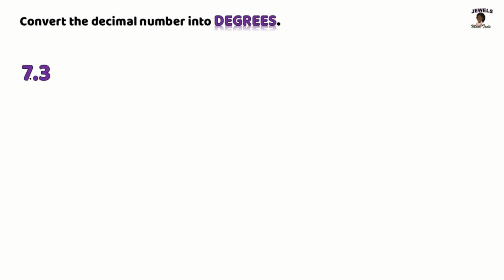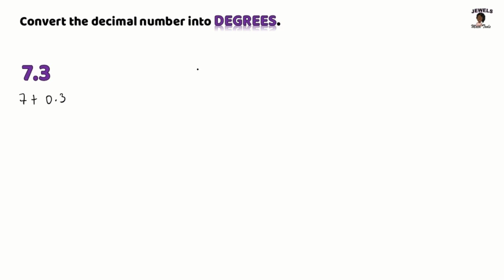Remember that 7 and 3/10 simply means that 7 is being added to 0.3. This is an alternative method, but either method you decide to use, you will still arrive at the same answer.